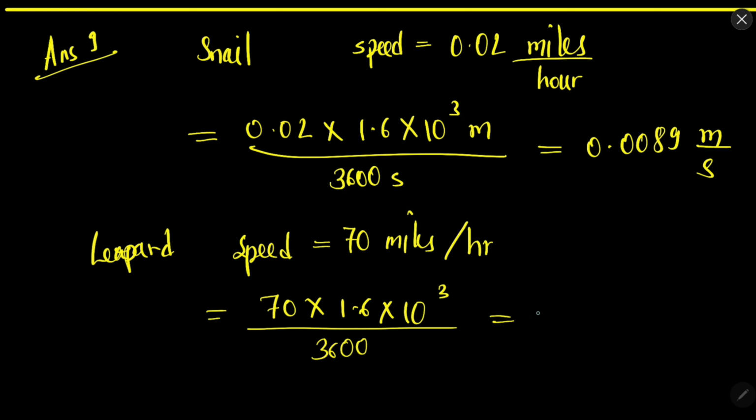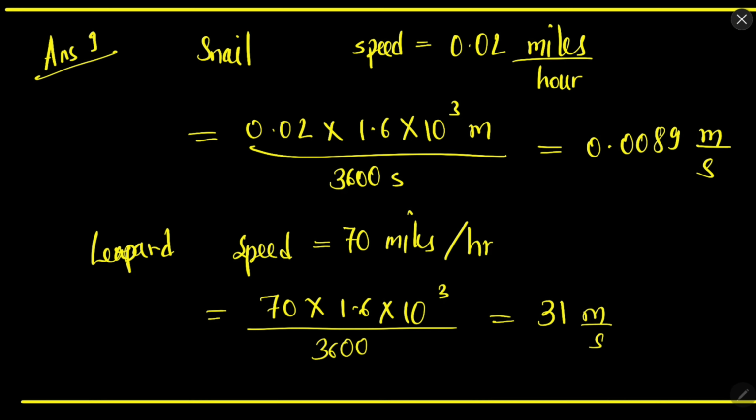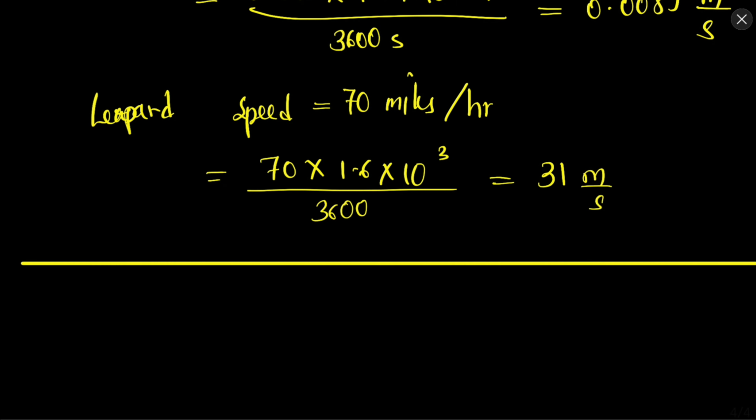So after simplification we will get 31 meter per second. So this will be the velocity of leopard in SI unit. So this is quite simple. Just remember a few conversion factors, that is what is 1 mile equal to, what is 1 meter equal to, what is 1 centimeter equal to, what is 1 second equal to, what is 1 hour equal to. Just remember these few basic things.